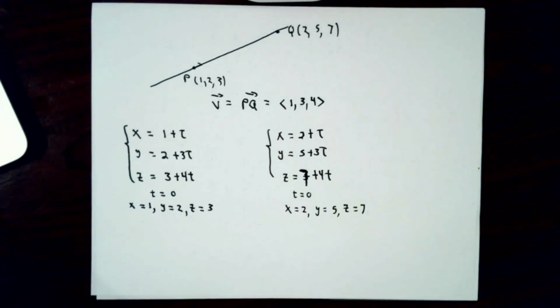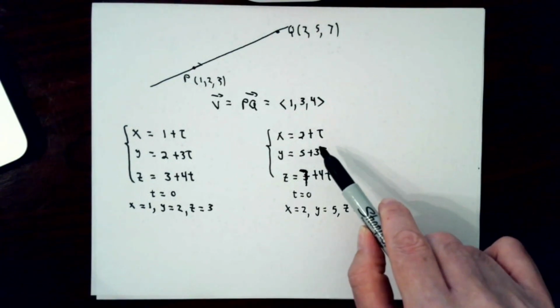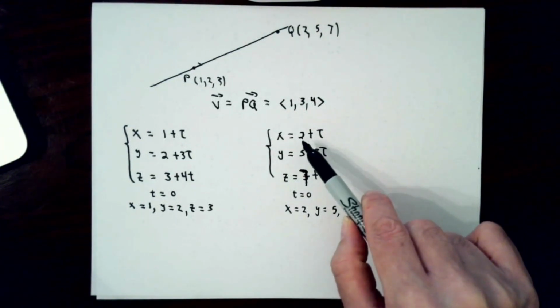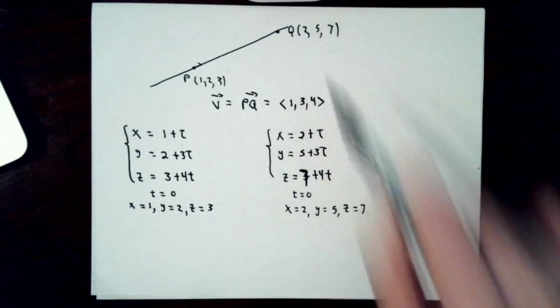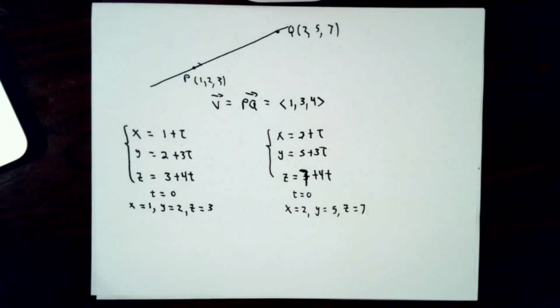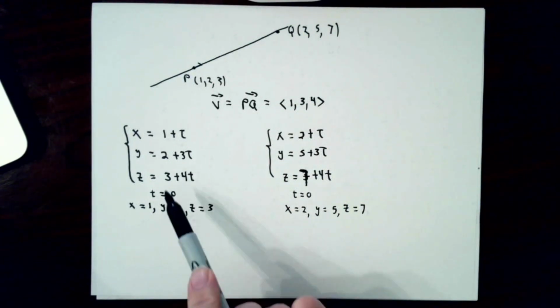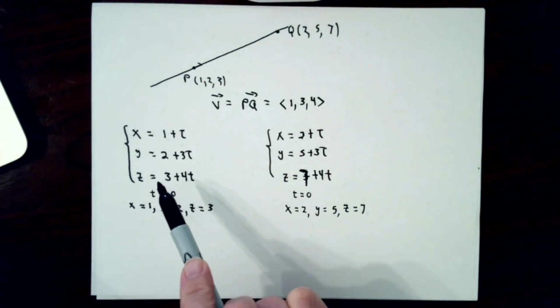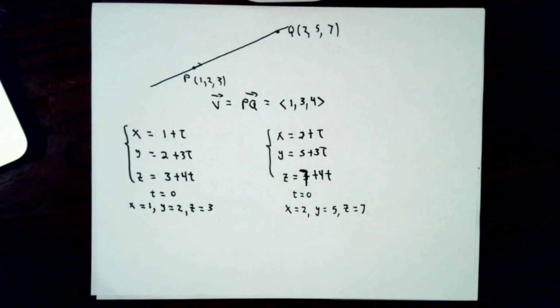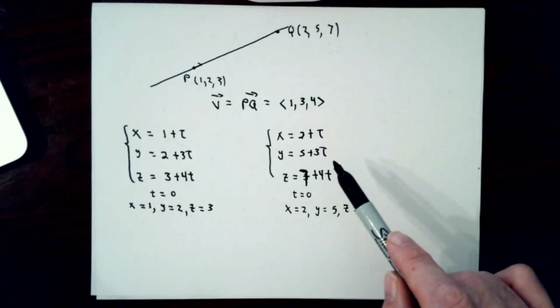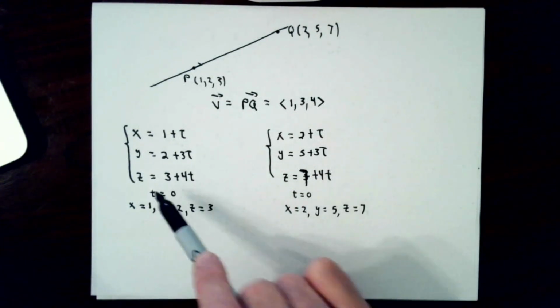In the second set of equations, if I make t equal to 0, x will be 2, y will be 5, and z will be 7, which gives me point Q. This points out an important fact. I've got a letter t in this set of equations, which for a given value of t, I get a given value of x, y, z numbers for the first straight line. Here, a given value of t doesn't mean the same thing.